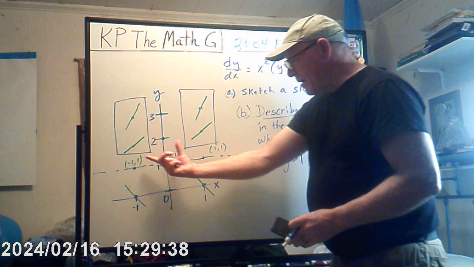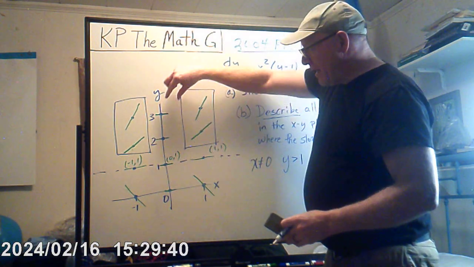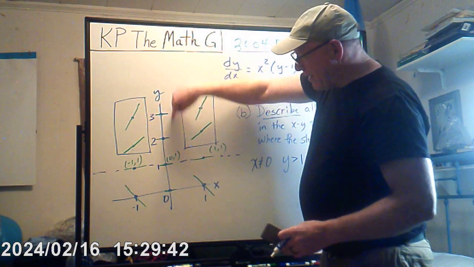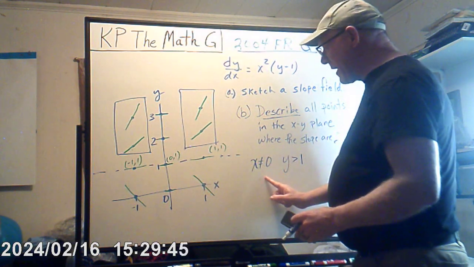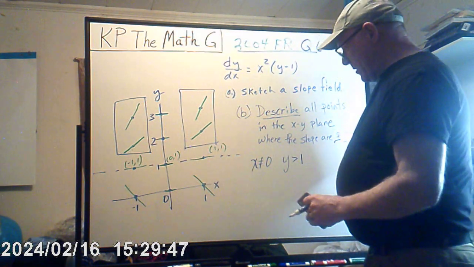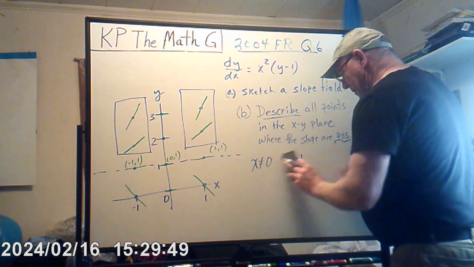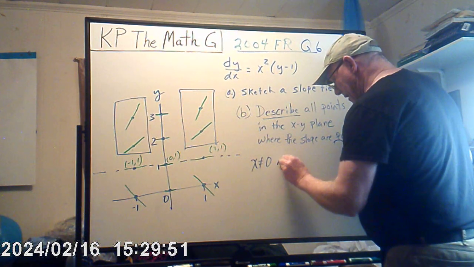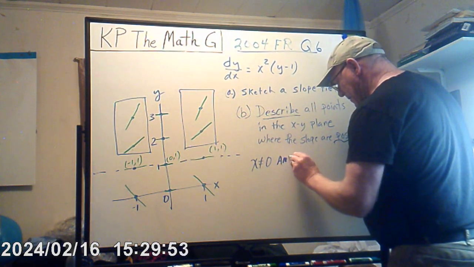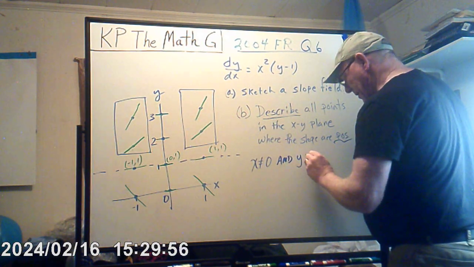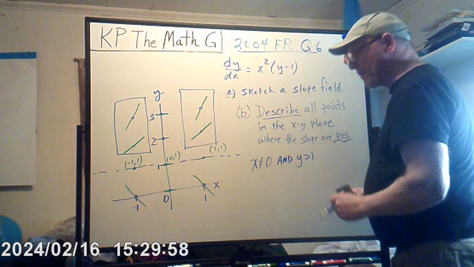Greater than 1 would be up here, and that would exclude these here because we're saying x is not equal to 0. So x is not equal to 0, and y is greater than 1.